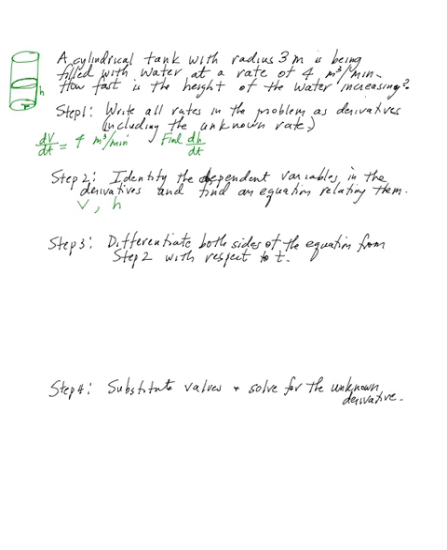Now, it's fine to go on and put r is 3 meters here, because that's not changing. In this right circular cylindrical tank, the radius isn't changing a bit. So usually in related rates problems, don't substitute values till the end.